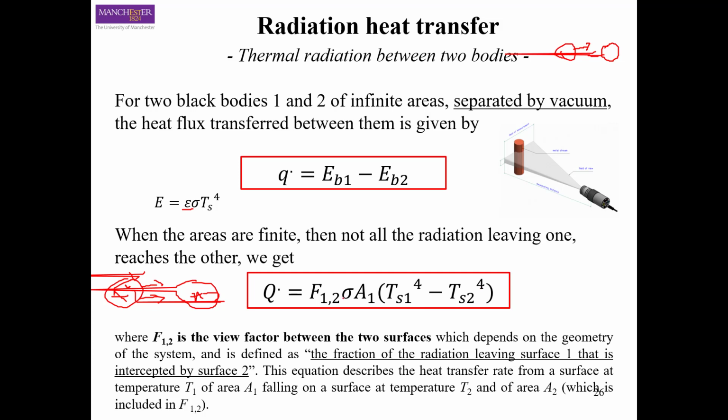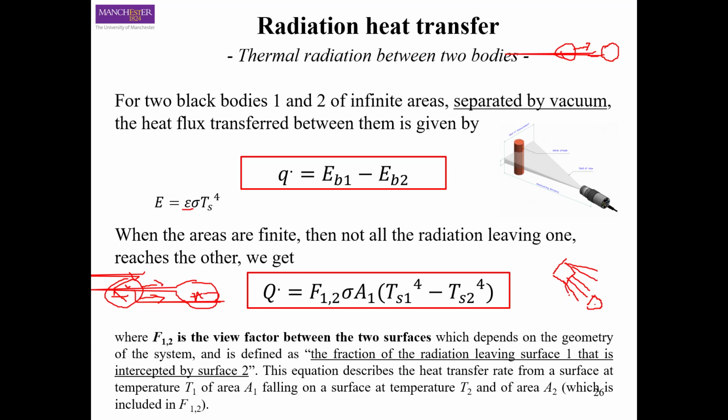Okay, so this factor F12, what it means is that, for example, if you have an object here, and then you have the other object that is, let's say, slightly smaller or of the same size, all the radiation that is emitted by this object is not going to be absorbed by the second object, because only the amount of energy that falls on it is going to be absorbed.